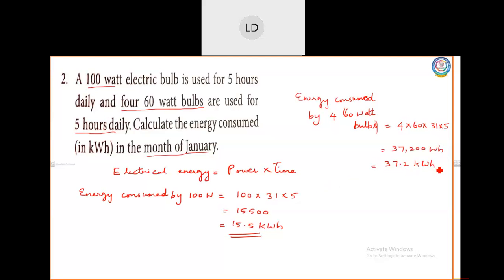Now I need to find out the total energy. I need to add both the values. So the total energy consumed will be 15.5 plus 37.2, which is 52.7 kilowatt hour. So this is the total energy consumed for the month of January by the electric bulbs of different power ratings. One is 100 watt, the other one is 60 watt. Clear? Right? Okay. So next sum.